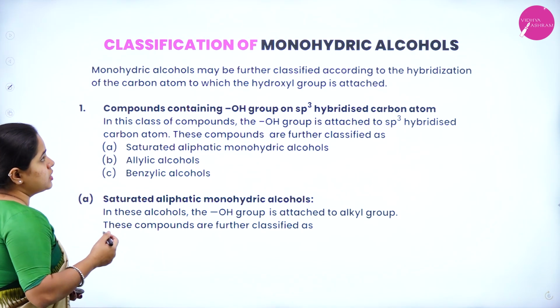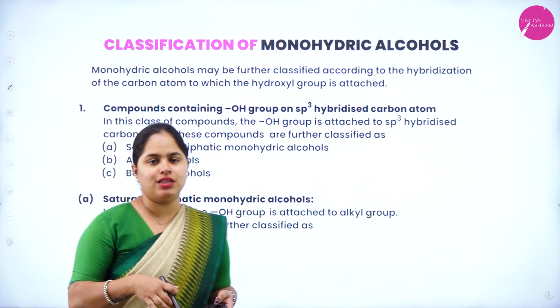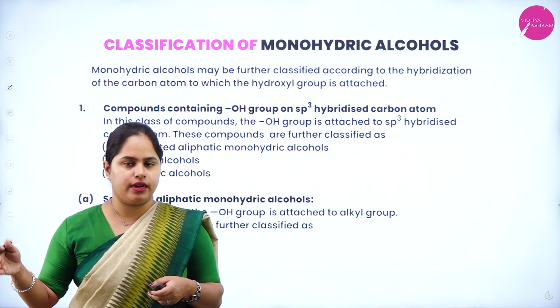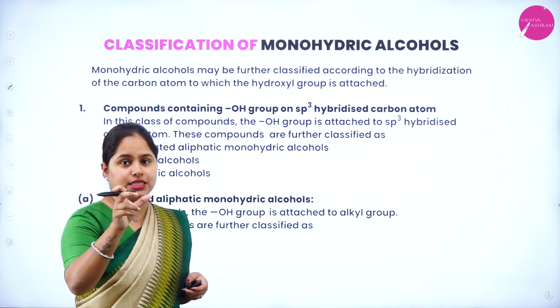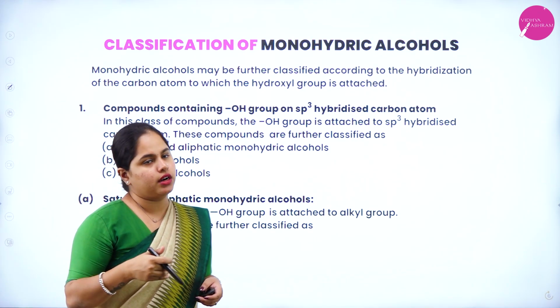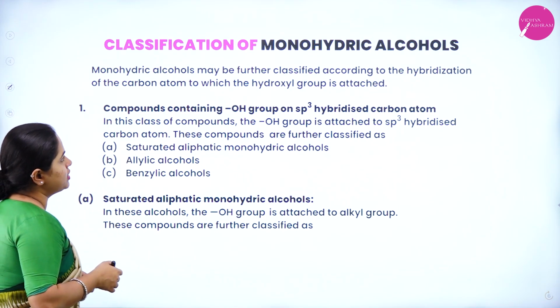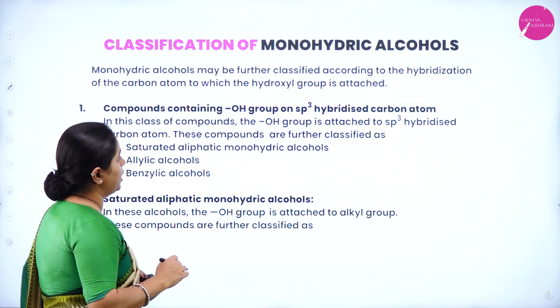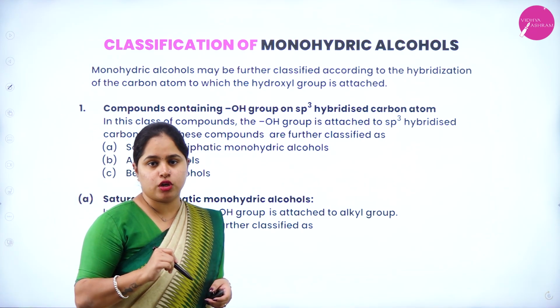Now the next one is classification of monohydric alcohols, which we are going to see in detail. We have already studied monohydric, dihydric, trihydric, etc. Now monohydric itself has further classification. Monohydric alcohols can be further classified according to the hybridization of the carbon atom to which the hydroxyl group is attached.